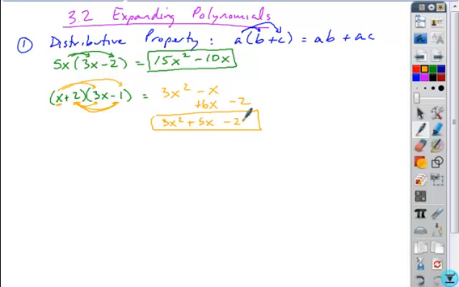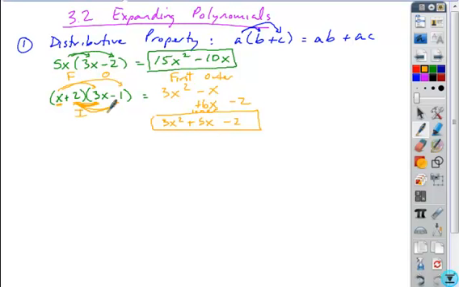Now, when you multiply two binomials, you guys know this by another name, right? What does this look like to you guys? Foiling, right? When you took the first terms of these binomials and multiplied them, that gives you 3x squared. When you took the outer terms, x and a negative 1, gives you the second term. When you take 2 and the 3x, the inner terms, that gives you 6x.